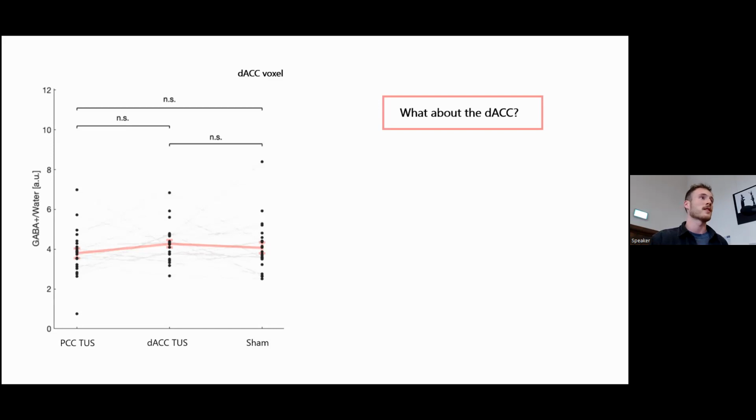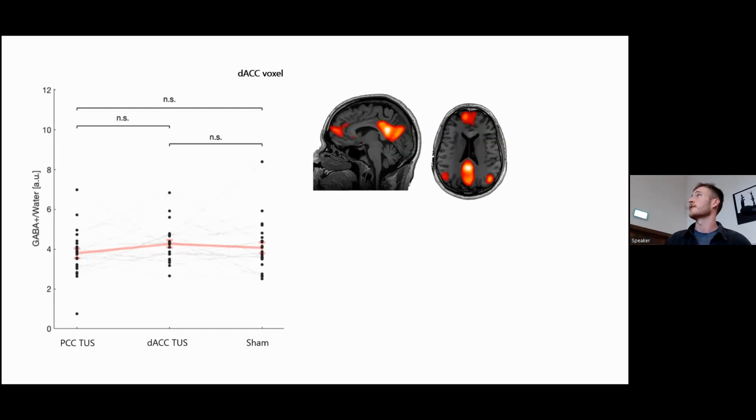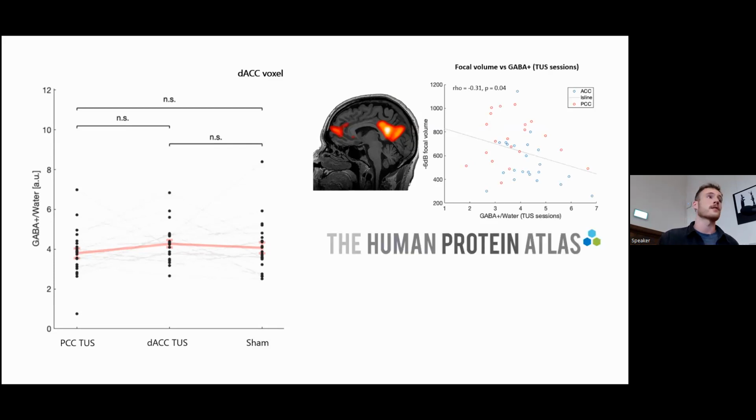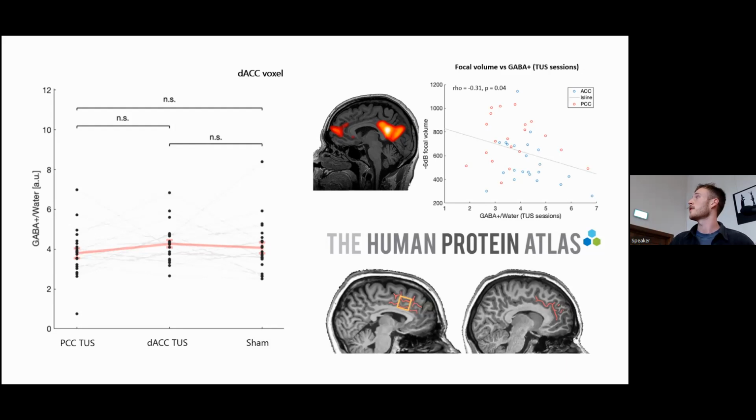So we'll be discussing the potential state dependency of TUS. This is the default mode network. So the PCC is one of the main, or the main hub of the default mode network at rest. The importance of focal volume, but also tissue composition and potentially differentiated channel expression throughout different regions of the brain. And also different functional and structural connectivity profiles for both regions.